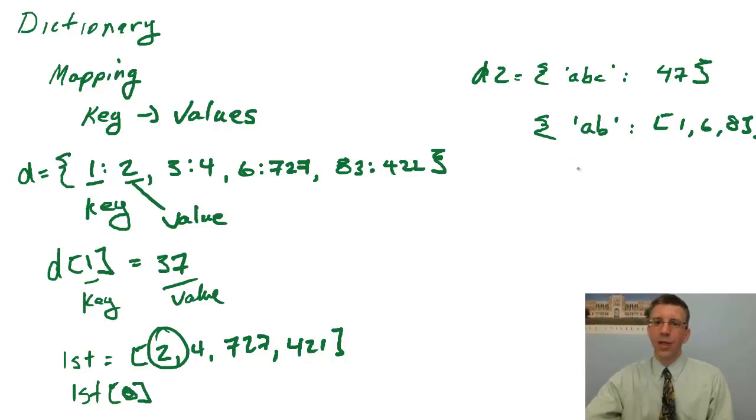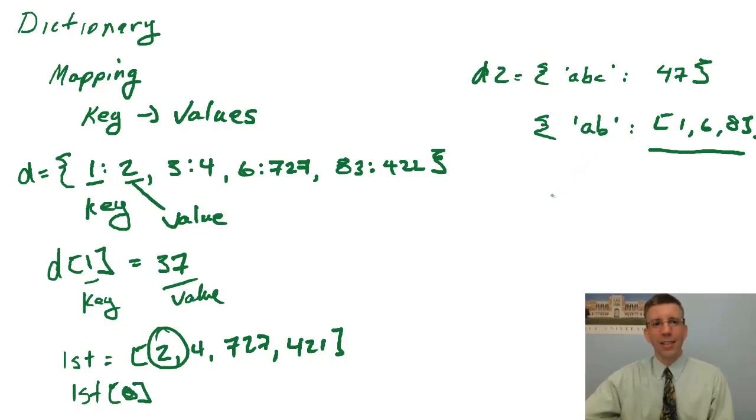Okay, so in many ways, the values can be arbitrary Python objects. The keys are a little bit more constrained. I don't really want to go into too heavily what the constraints on the keys are, but you can use numbers and you can use strings. Okay, and that's probably the most common elements that you'll find as keys in dictionaries.